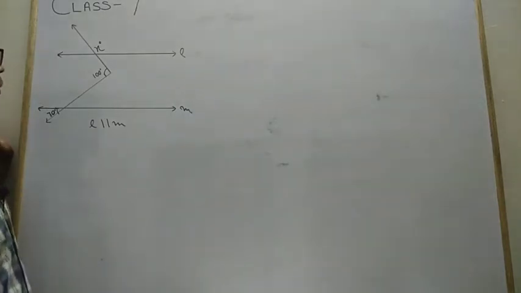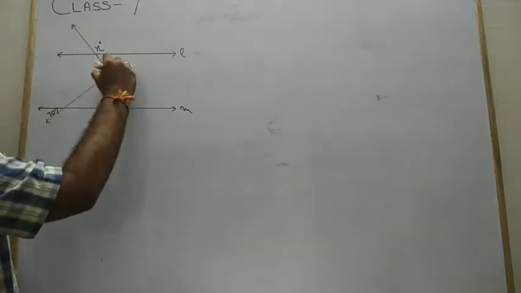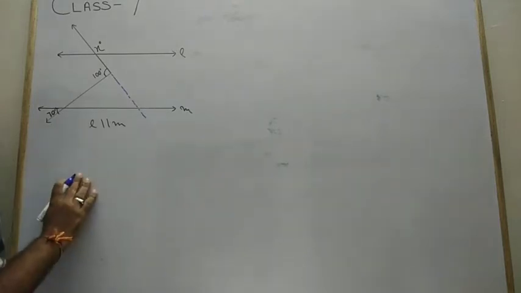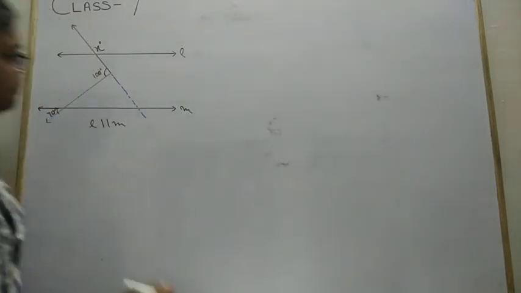Be careful, for the solution I am using this blue pen. So first we produce this line backward likewise. Clear? So we have to give some names so that it is easier for us.